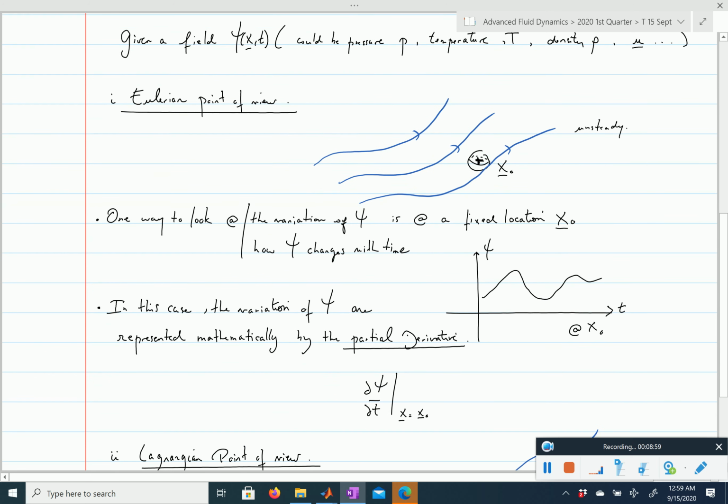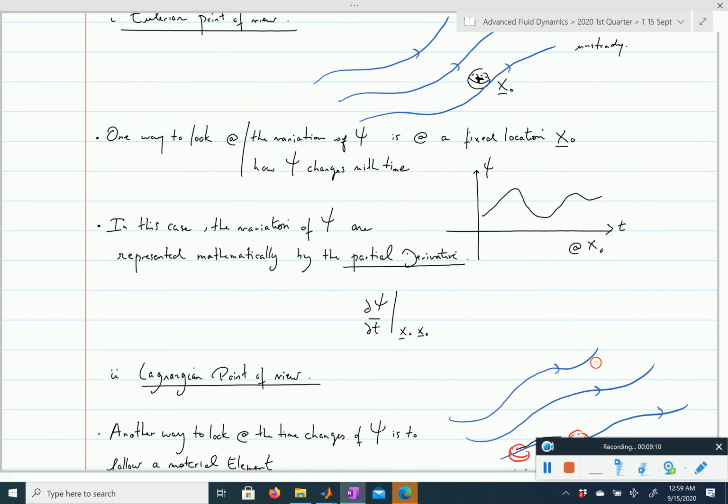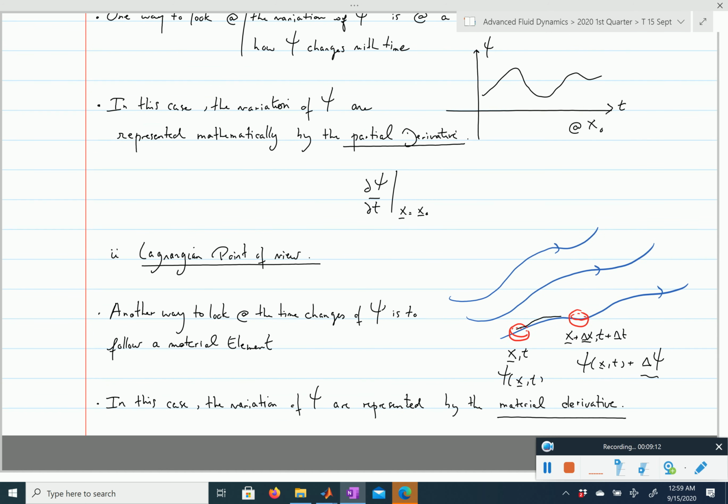So the Eulerian point of view, computing this partial derivative, is what is easy to do. But physically, when we look at conservation of a quantity, the derivative which is mostly related to the conservation principle is the material derivative. Let me explain.